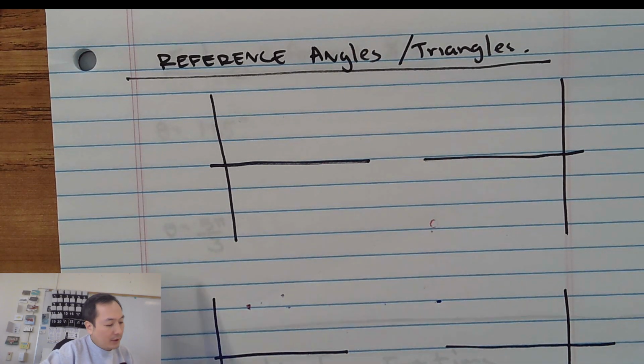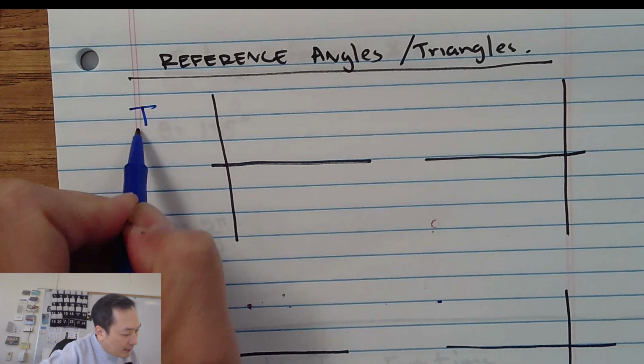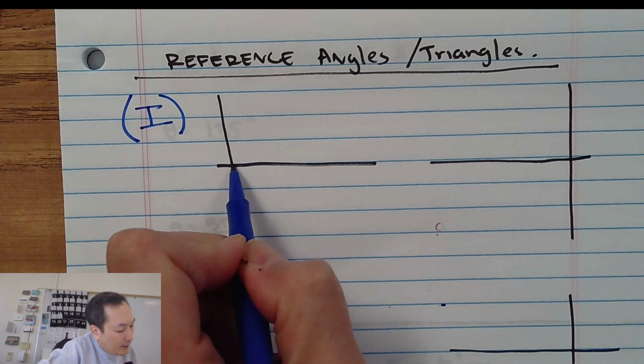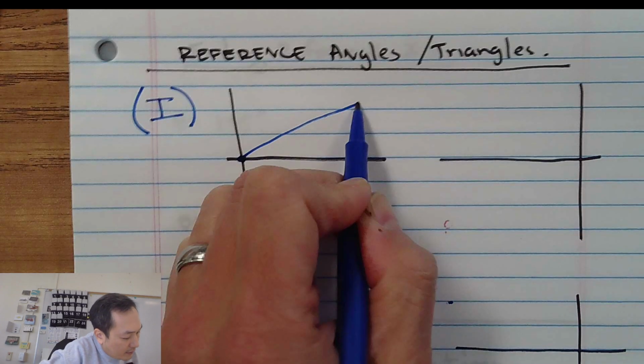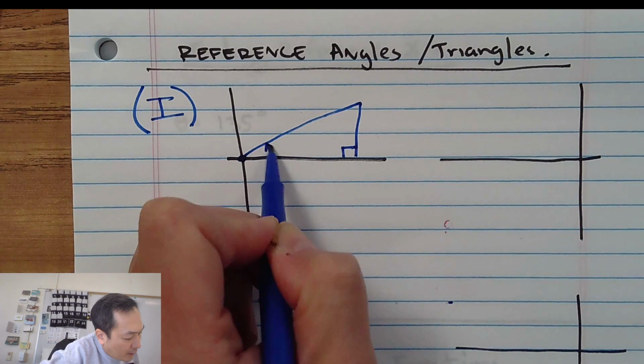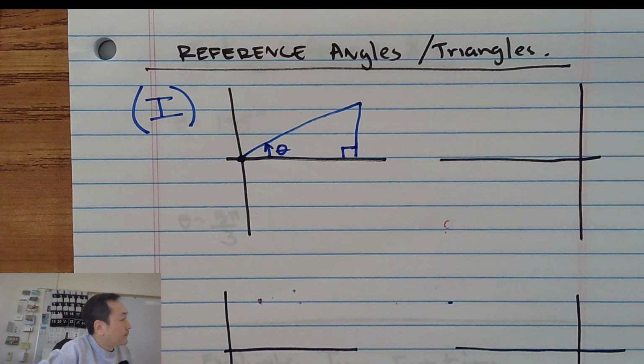So our first one in quadrant 1, this is quadrant 1, is this triangle here, where this is my theta.